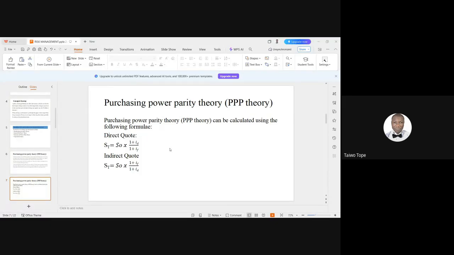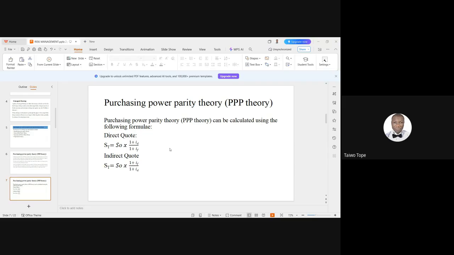That is 1 plus ID. That ID is what? Inflation as it relates to domestic currency. Divide by 1 plus inflation as it relates to what? Foreign currency. That is for direct quotes.